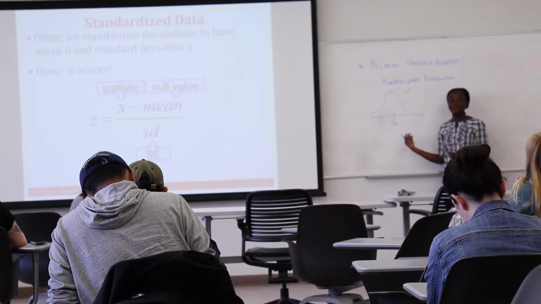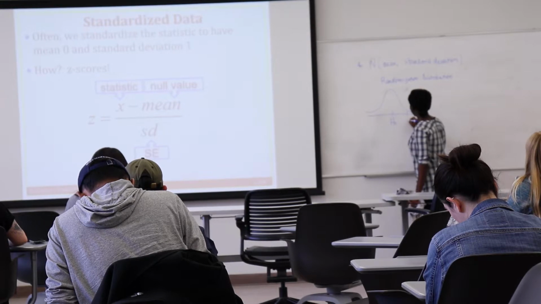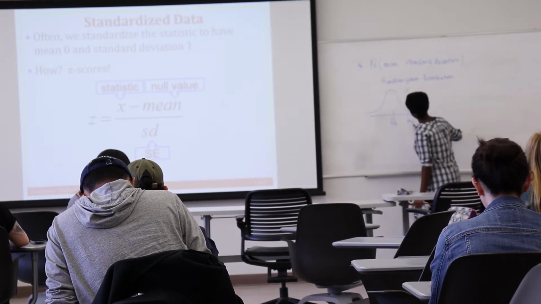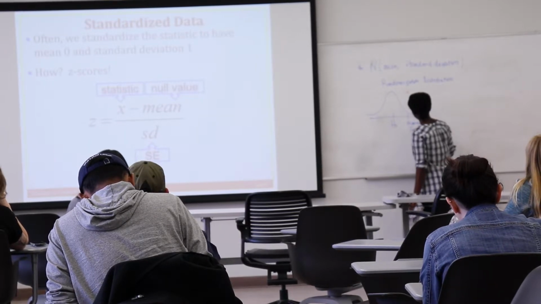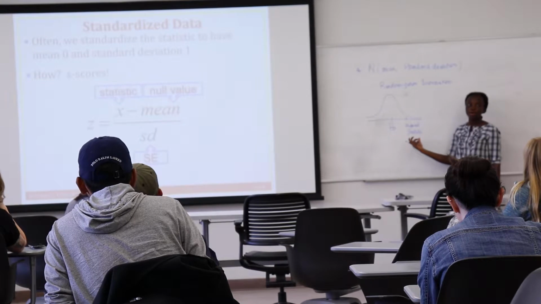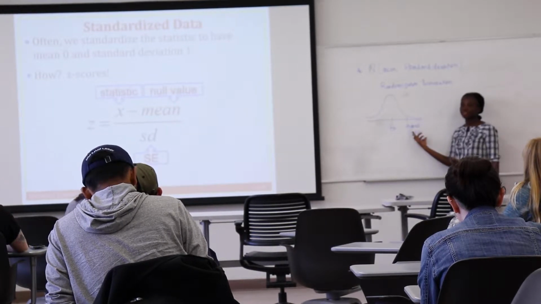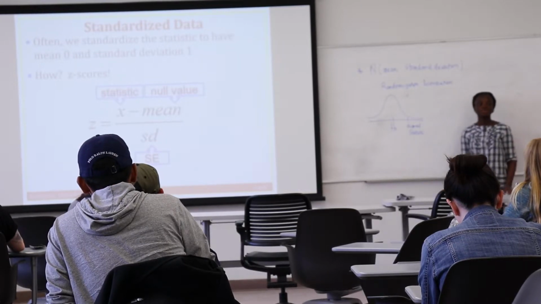And when we find the p-value, we look at the observed statistic and consider points that are as extreme or more extreme. That is using the randomization distribution.